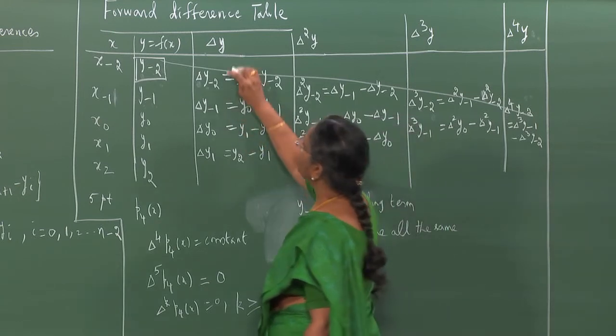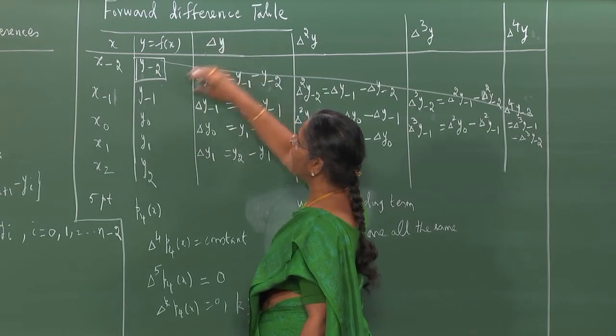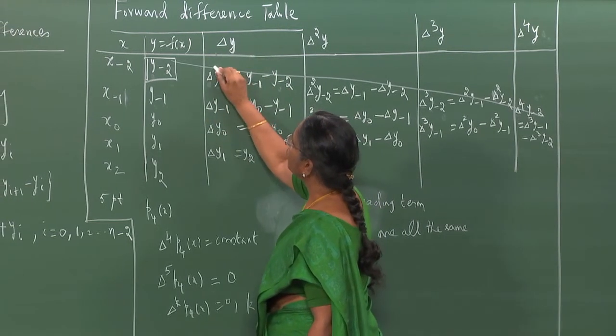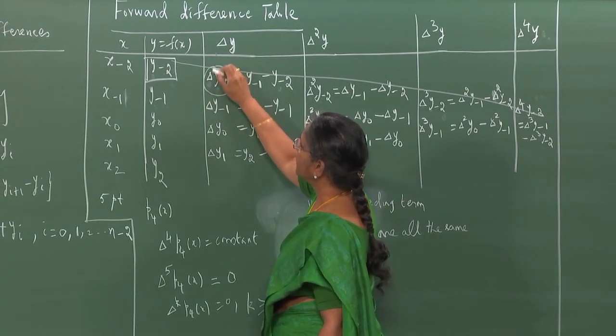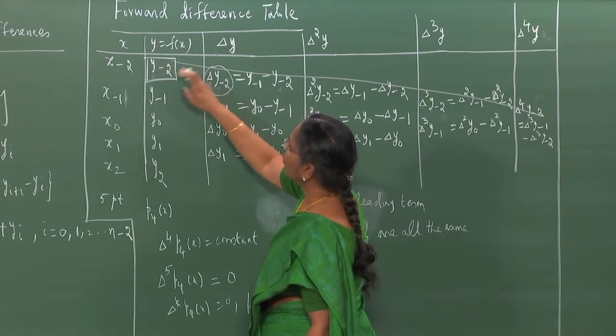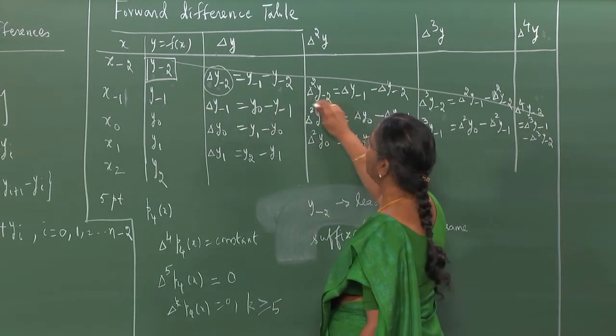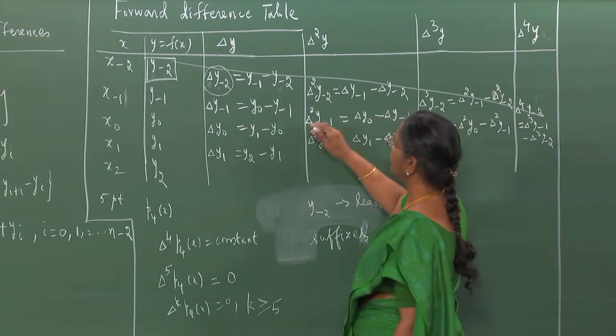And when you compute, say, a first order difference of y, you write that entry between any two elements in the previous column. That is how you have formed this forward difference table.